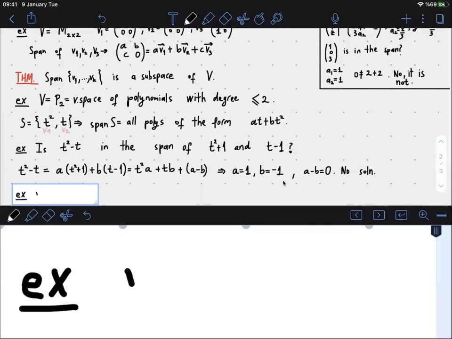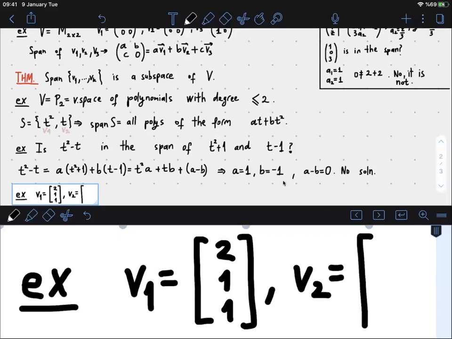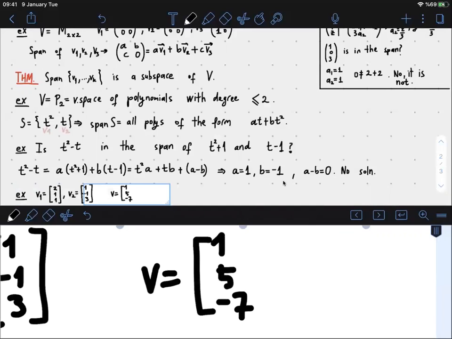Okay, so let's take these vectors: v1 is 2, 1, 1. v2 is 1, minus 1, and 3. And let's take v to be 1, 5, minus 7.